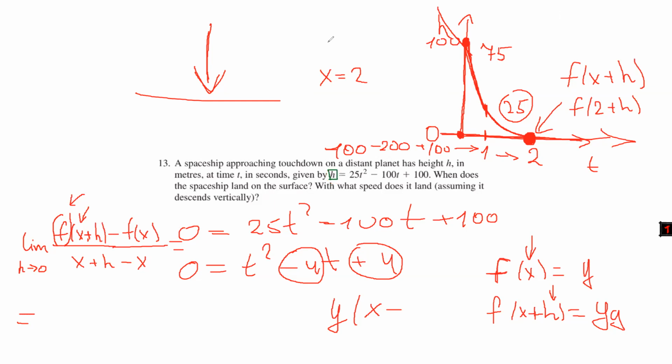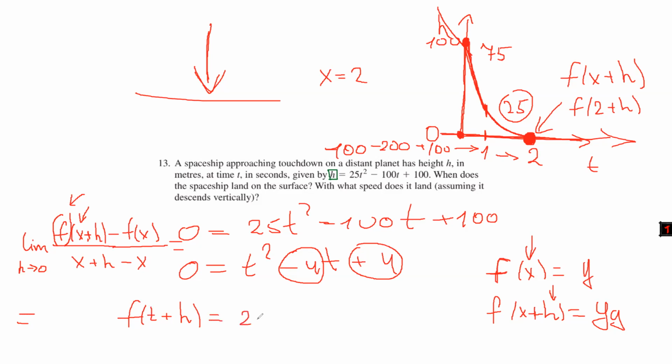It would be 25 times x plus h squared, subtract 100 times x plus h, plus 100, subtract 25x squared, subtract 100x plus 100, divided by the equation again.